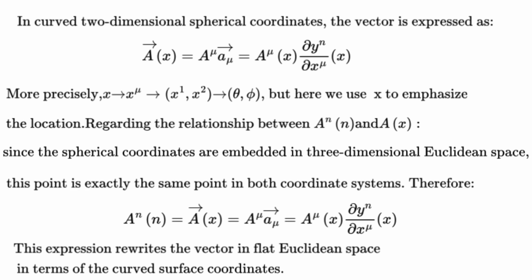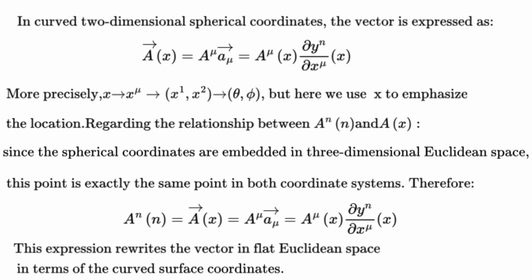In curved two-dimensional spherical coordinates, the vector is expressed as a^n(x). More precisely, x is shorthand for x^mu, that is, x1, x2, or theta, phi, but here we use x to emphasize the location.